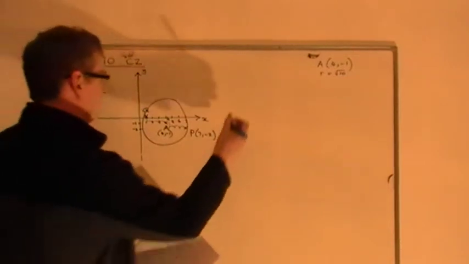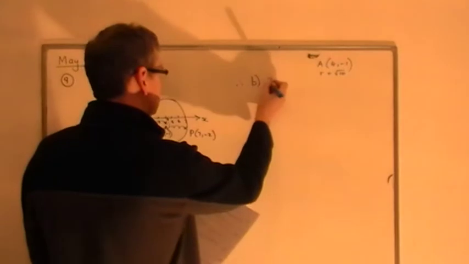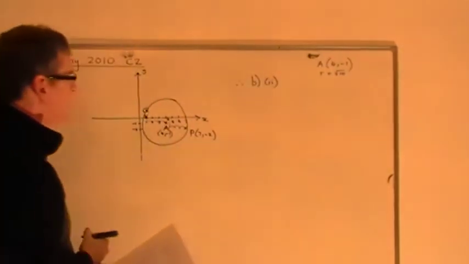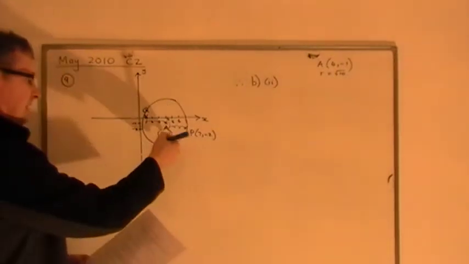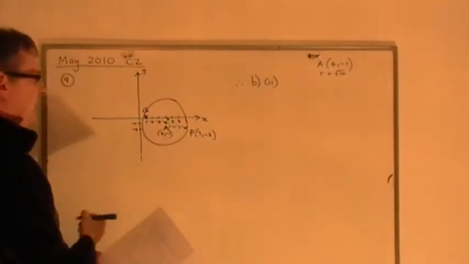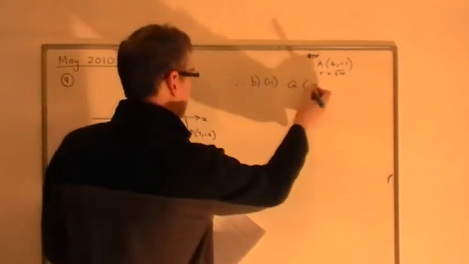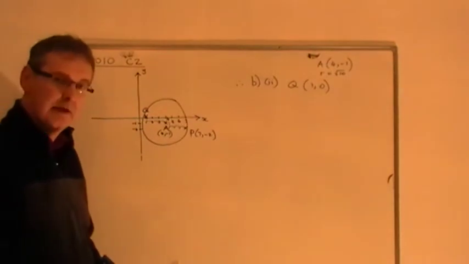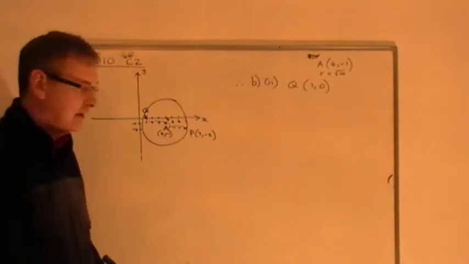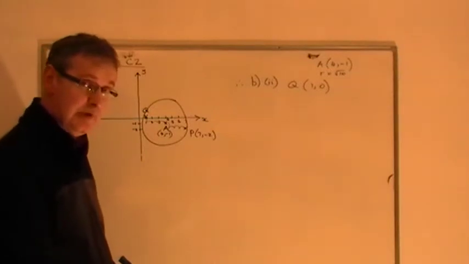Okay, so therefore, and this is B part 2 now, by counting 3 left, 1 up, 3 left, 1 up, you can see that the coordinates of Q must be (1, 0).